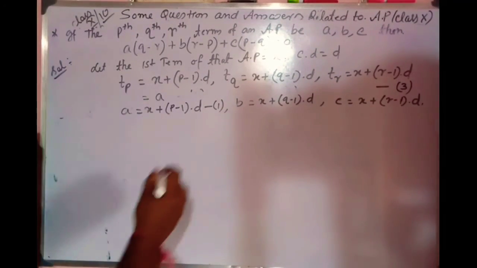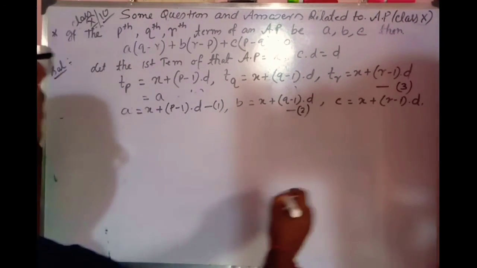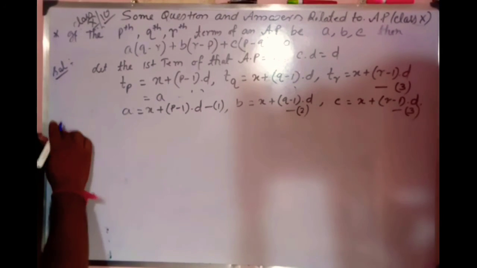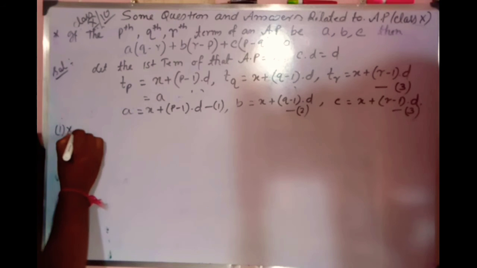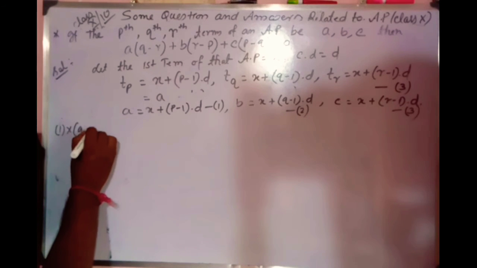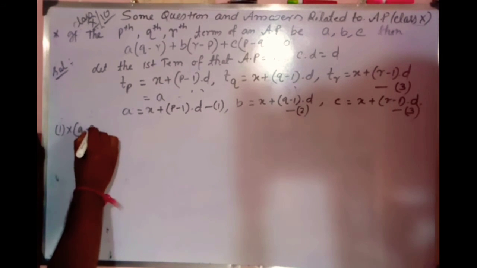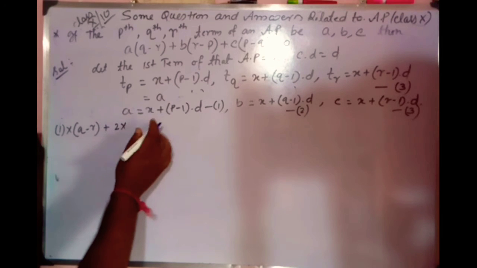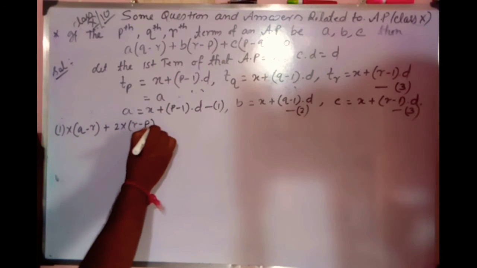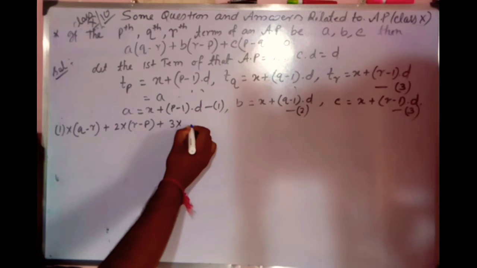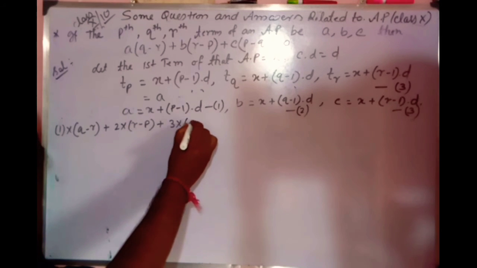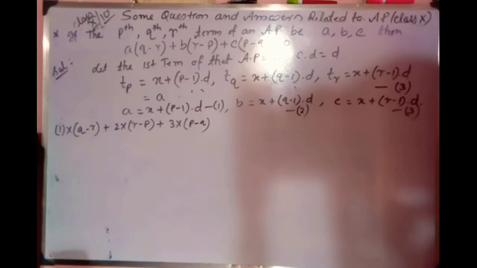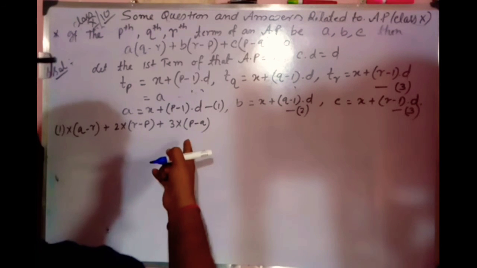Now this is 1, this is 2, and this is 3. Now 1 into q minus r plus 2 into r minus p plus 3 into p minus q. Okay, we are doing this.